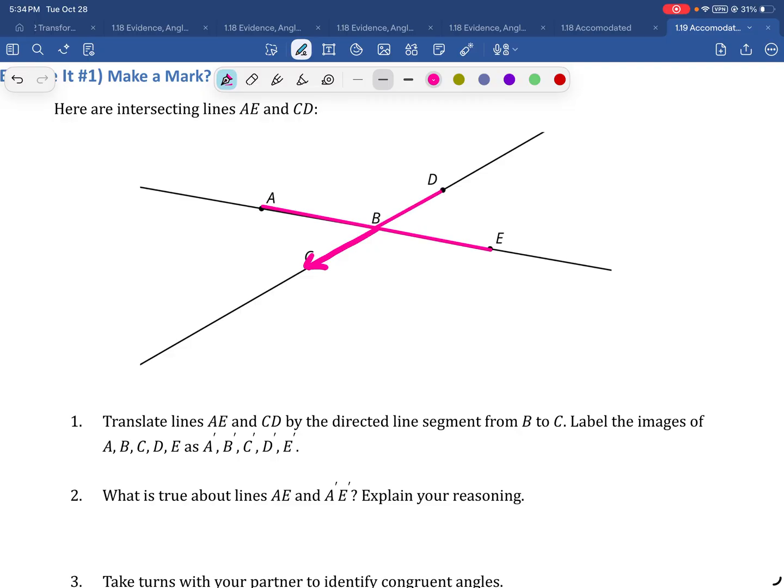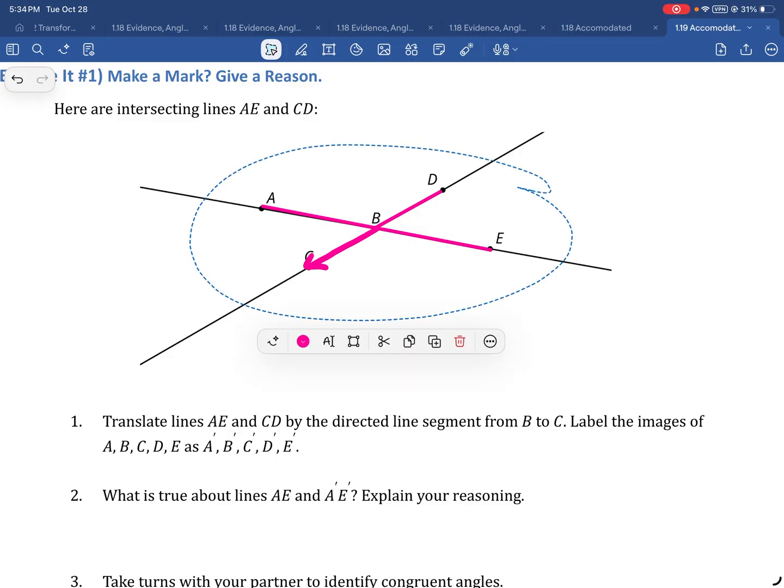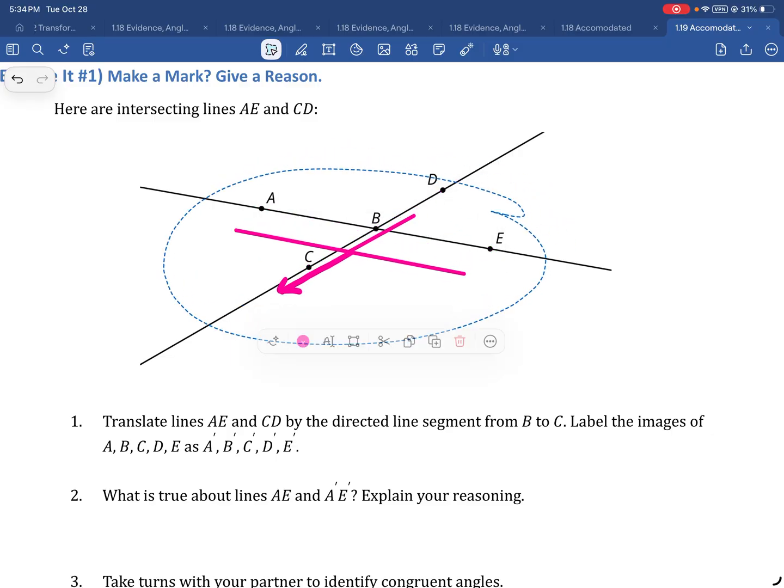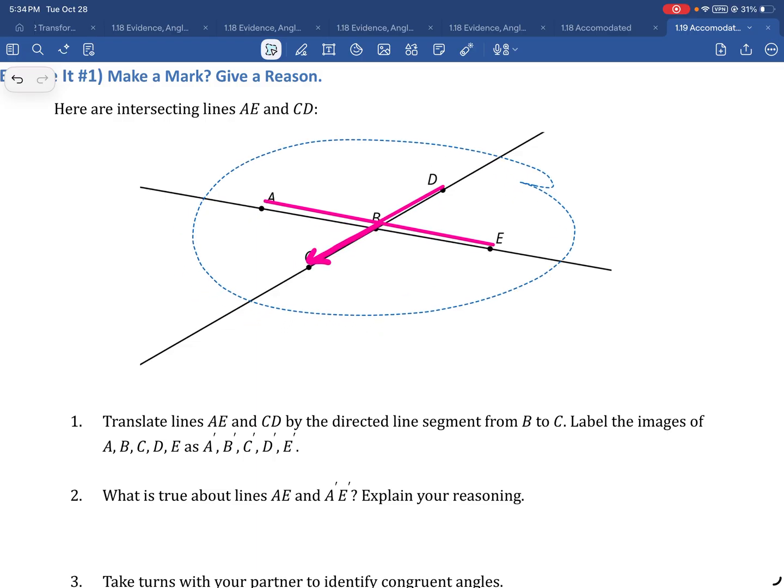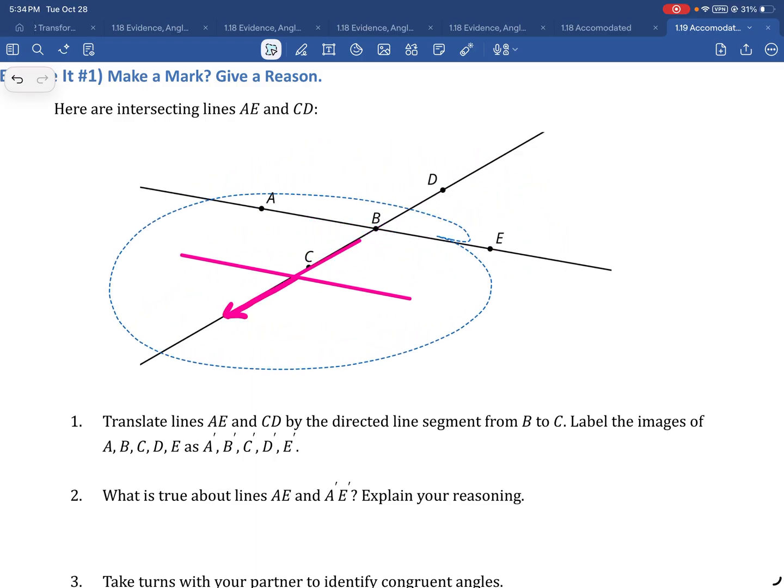So I'm gonna trace everything that's there, and I'm literally gonna use the arrow. I go from one end of the arrow to the other.